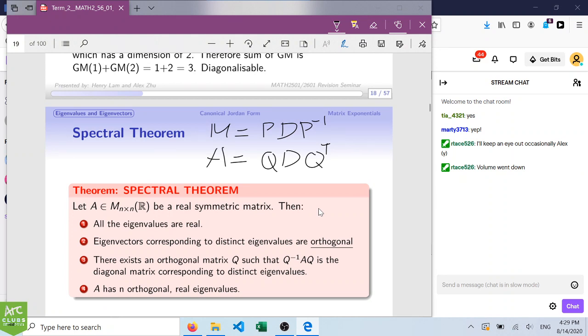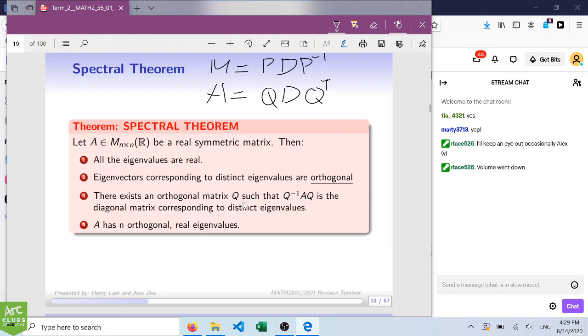So all vectors in Q are orthonormal, right? That's pretty much what an orthogonal matrix means. And if that's the case, then the transpose of that matrix is the same as the inverse. That's the property of an orthogonal matrix. So in here, all eigenvalues are going to be real for this A matrix if it's real and symmetric. All eigenvectors are going to correspond to the same eigenvalues as we've stated before, but they're also going to be orthogonal. In fact, they're going to be orthonormal.